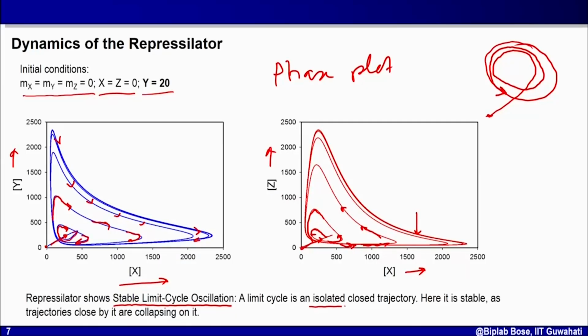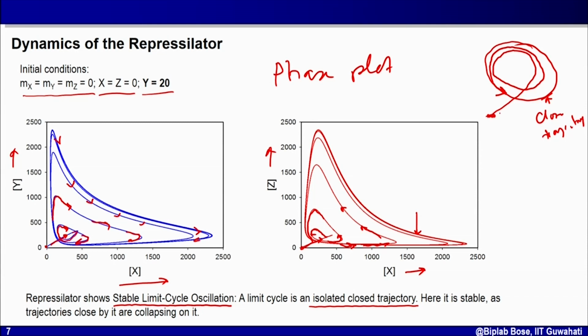One of the trajectories is actually an isolated closed trajectory. So once you reach that trajectory, you will move around this trajectory, you will not be able to come out. All other trajectories around it are such that they collapse at that closed trajectory. So here, the outer one I have shown as a closed trajectory.